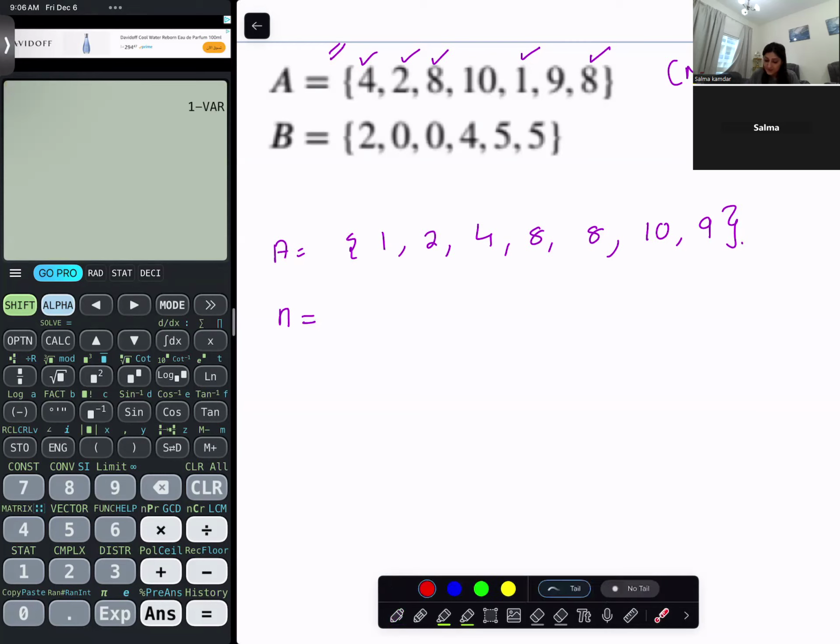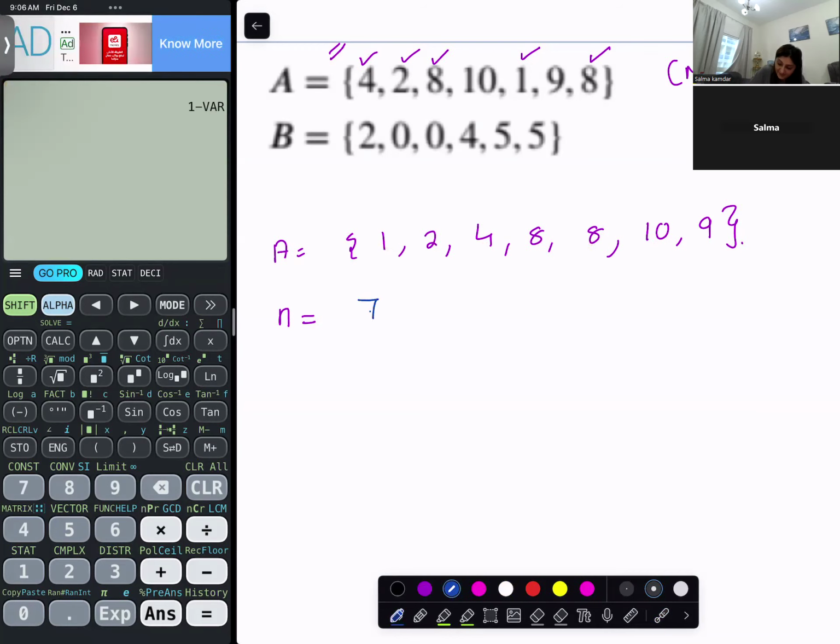I would check the number of observations. What is the number of observations? 1, 2, 3, 4, 5, 6, 7. So I check my number of observations is 7. The size of the data set, or I would say the number of the observations, is 7. I'm writing over here for your reference. This is an odd number.